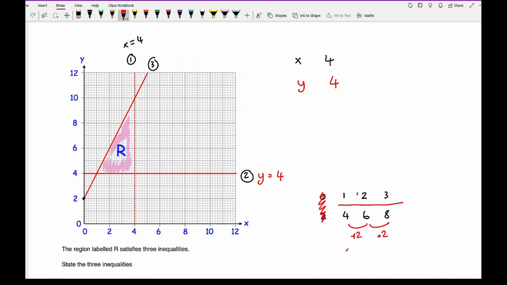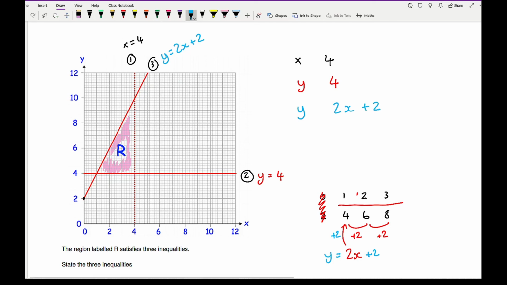That means I'm definitely going to have a 2x in my equation. And then how do I get from 2 to 4? We'll need to add 2. So the equation of the line is going to be y equals 2x plus 2. So I'm going to write y, and 2x plus 2.